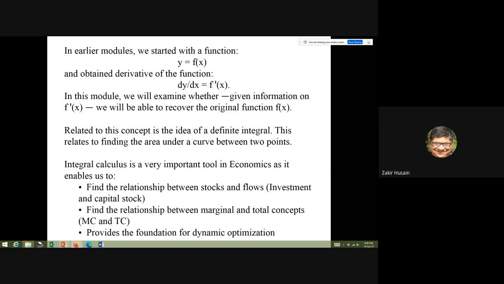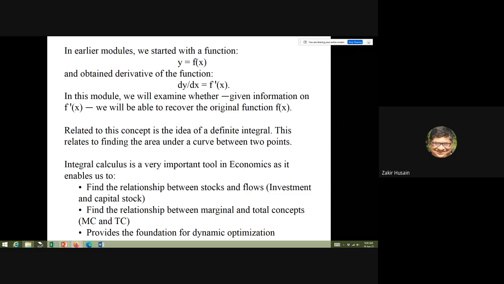Now, integral calculus is very important in economics. It provides the foundation for dynamic optimization when you go to the postgraduate level. But even at your undergraduate level, you can find out the relationships between stocks, which are amounts at a particular point of time, and flows, that is, changes in the stocks over a period of time.